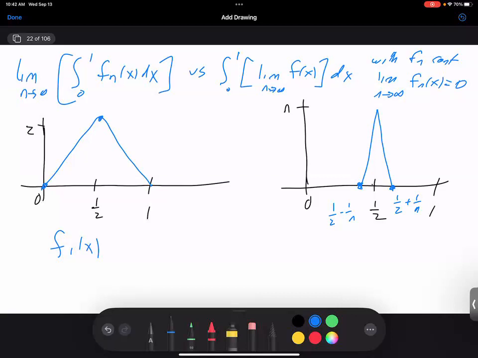So I want the function to be continuous, and I want it to converge to 0 at every point. Well, n is just going to be the various integers. It'll be 1, 2, 3, 4. So is that triangle function continuous?